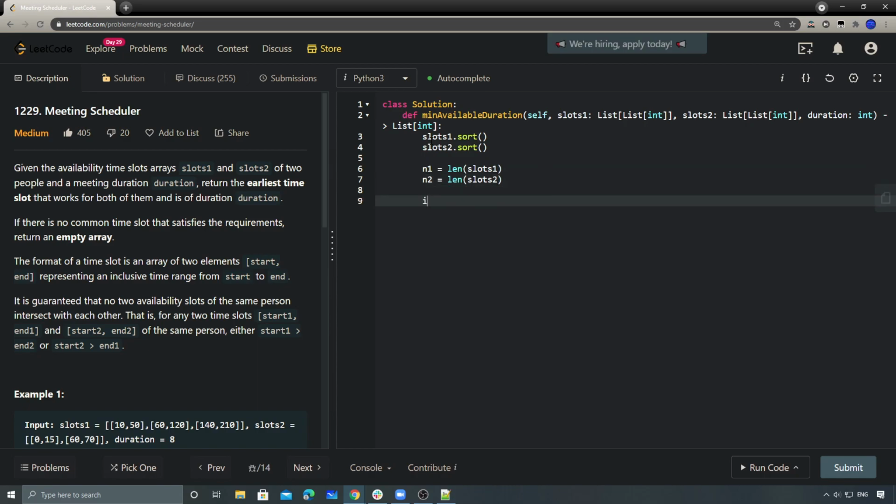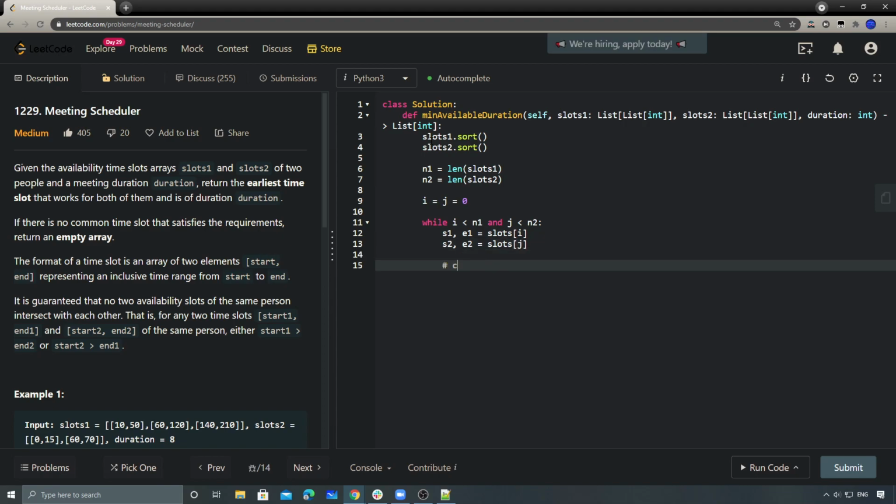And then we need two pointers, i and j, starting from 0. While i is smaller than n1 and j is smaller than n2, for each of the two intervals, s1, e1 equals slots of i, and s2, e2 equals slots of j.